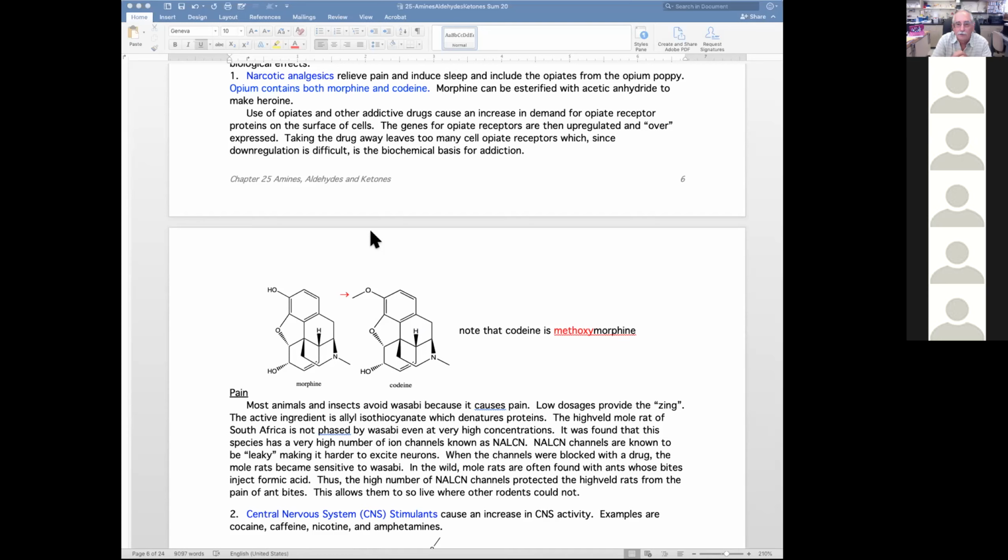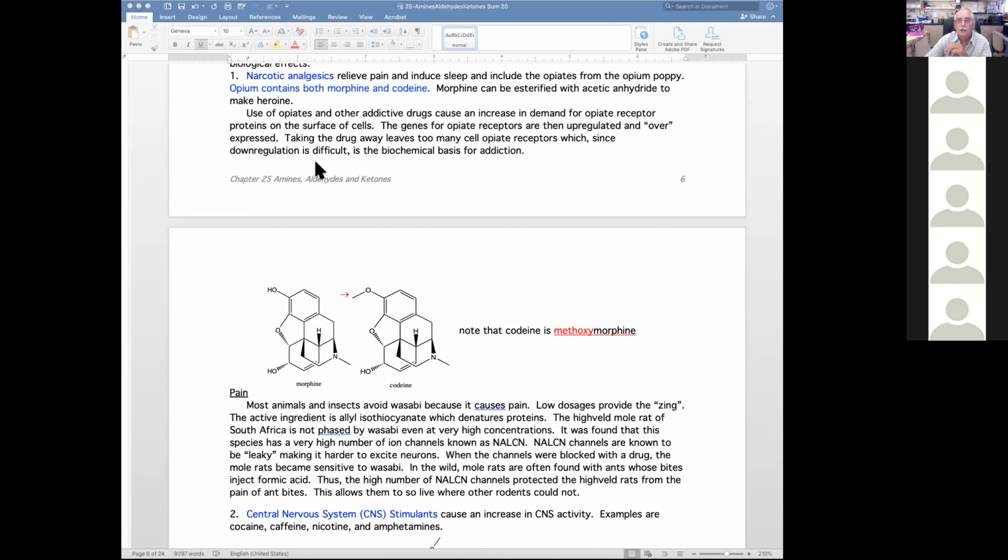But now every time you put a receptor out there, it gets taken over and taken out of action by a narcotic. Then eventually you're going to say, I got to make more of these receptors. So the genes for the opiate receptors are then upregulated and overexpressed.